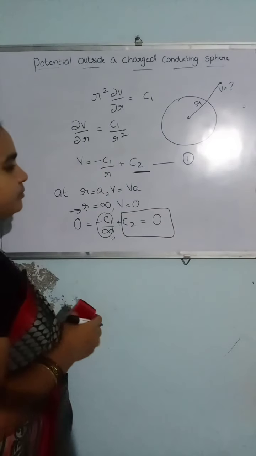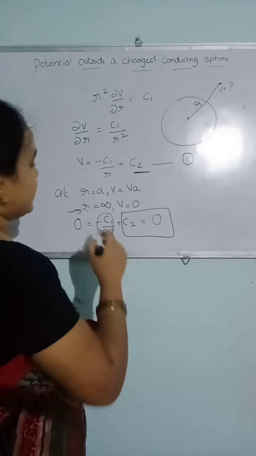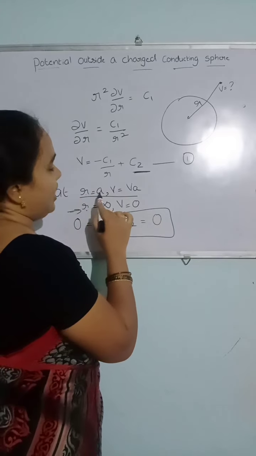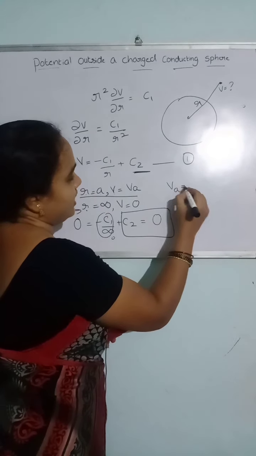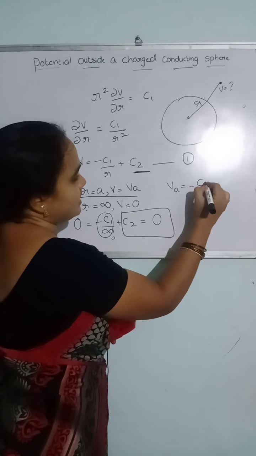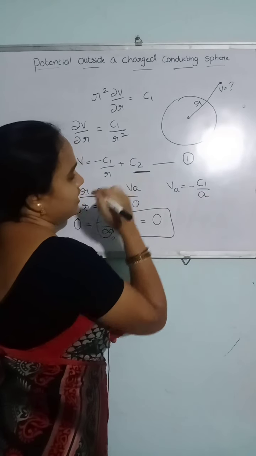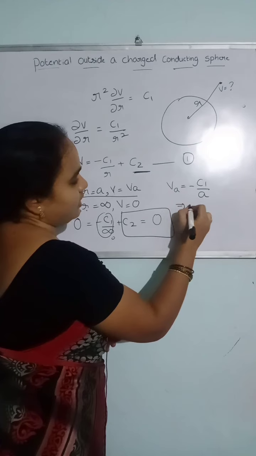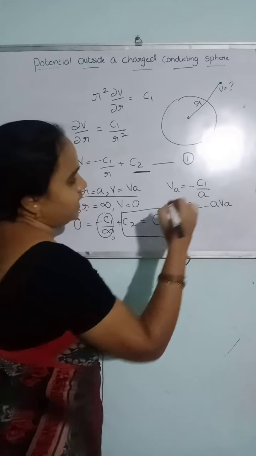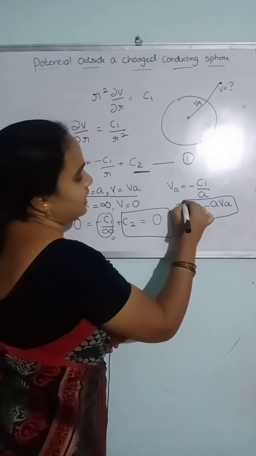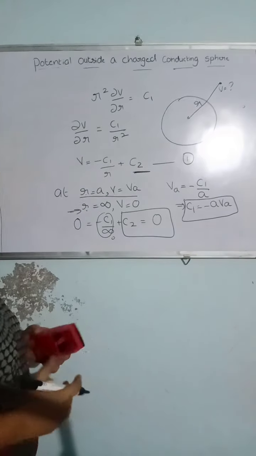So next, from the first boundary condition, at r is equal to a, potential is equal to VA. That is, VA is equal to minus c1 by a, c2 is 0. Then c1 is equal to minus a into VA. So we have calculated the constants c1 and c2.